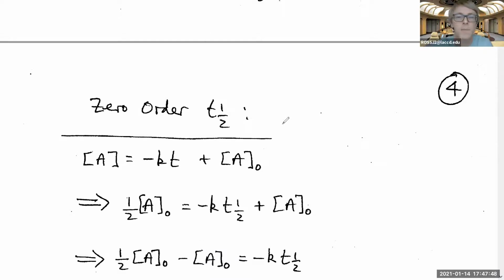So let's say at t equals t half, concentration of A equals the initial concentration over 2. So at all times at the half-life t1/2, all the concentrations at whatever time t become the initial concentration divided by 2.